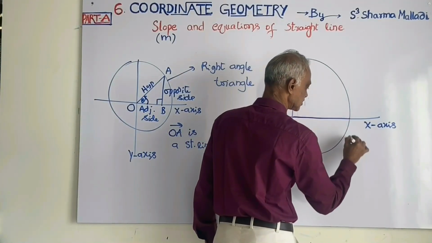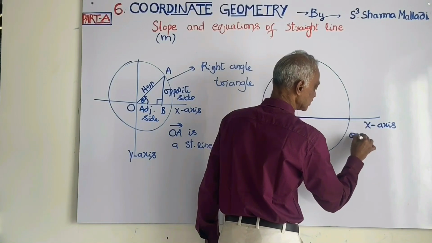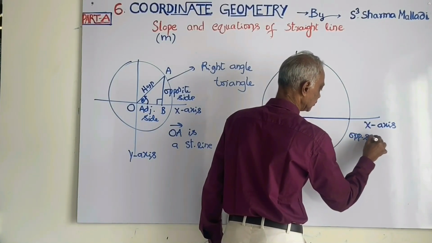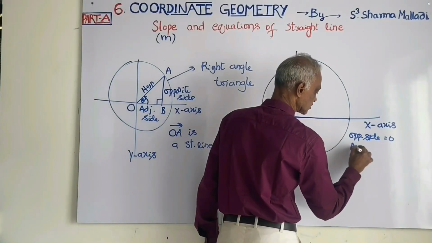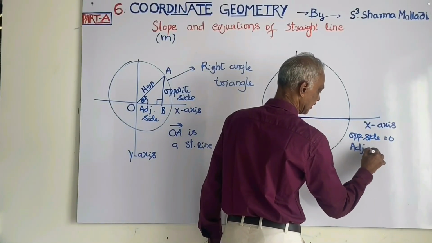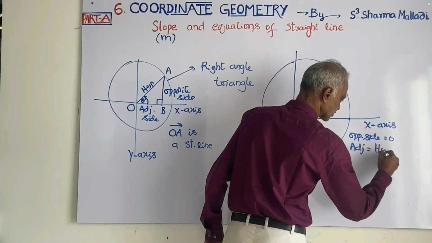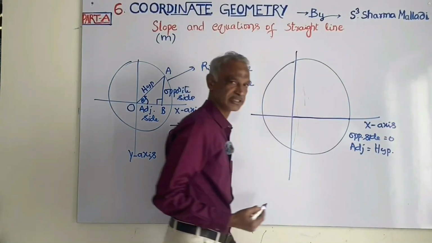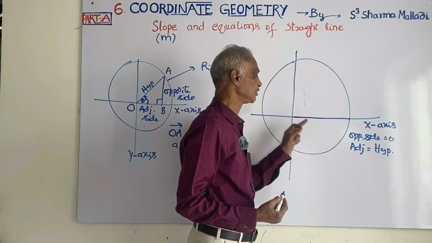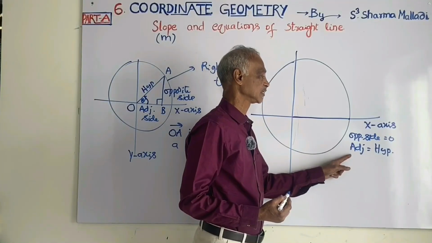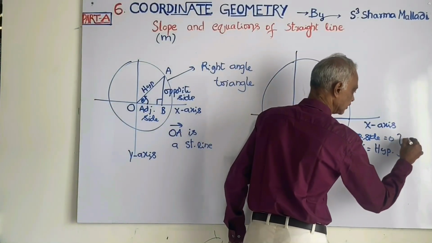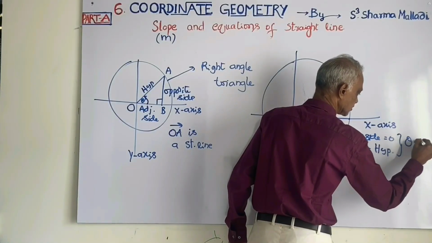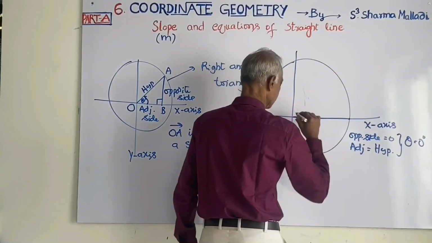The opposite side is here. The opposite side is 0. Then the adjacent side and hypotenuse are equal to each other when the angle between the adjacent side and hypotenuse is 0 degrees. Theta is 0 degrees.